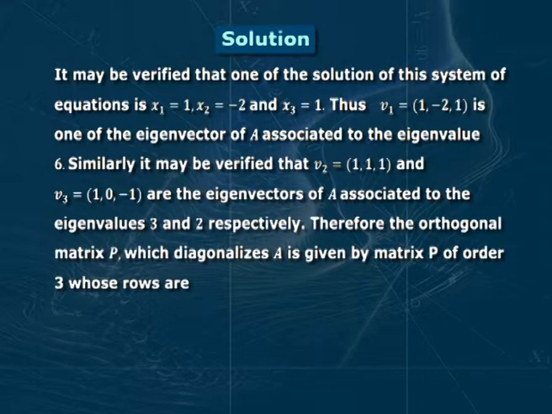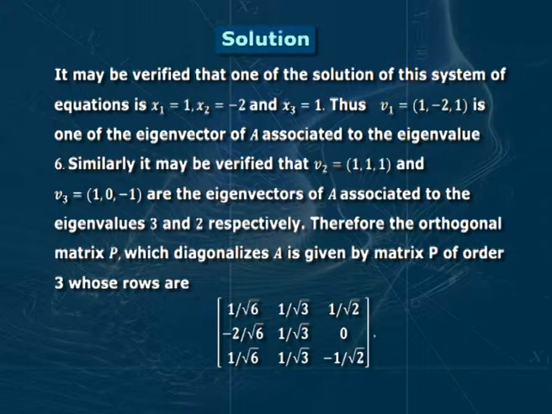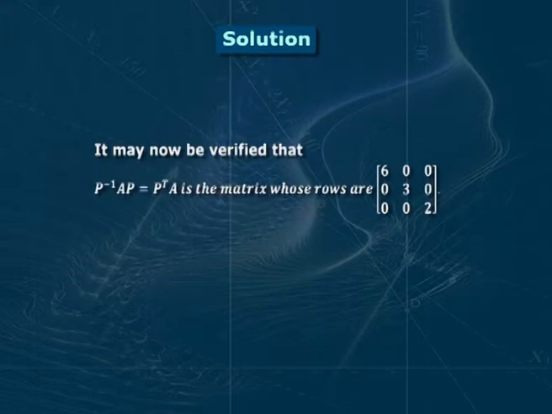Therefore, the orthogonal matrix P which diagonalizes A is the matrix of order 3 whose rows are 1/√6, 1/√3, 1/√2; -2/√6, 1/√3, 0; and 1/√6, 1/√3, -1/√2. It may now be verified that P inverse A P, which is equal to P transpose A P, is the matrix whose rows are 6, 0, 0; 0, 3, 0; and 0, 0, 2.